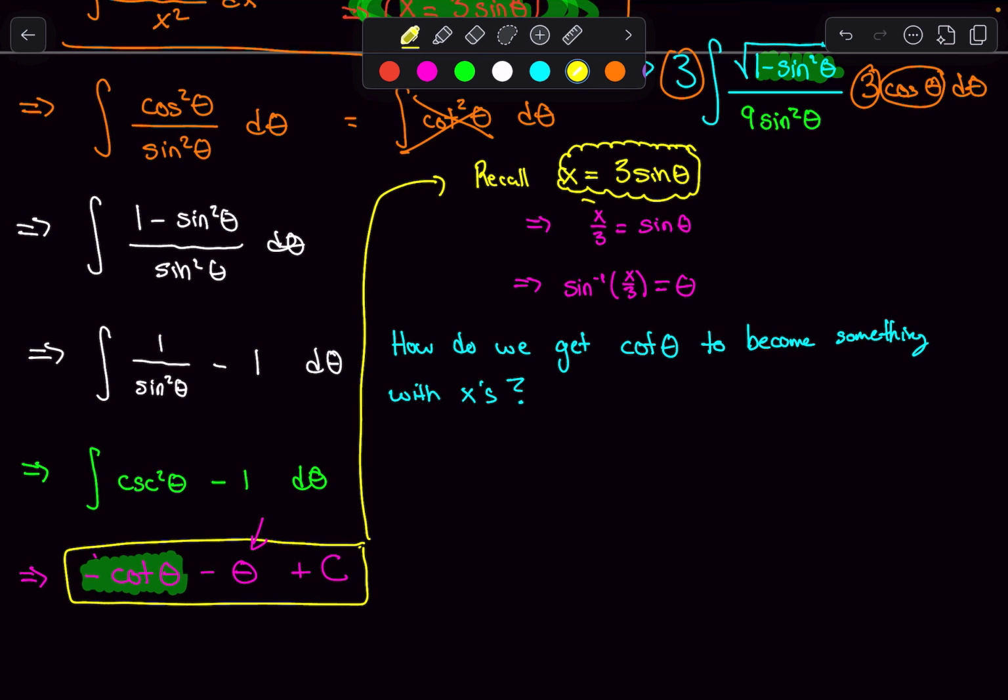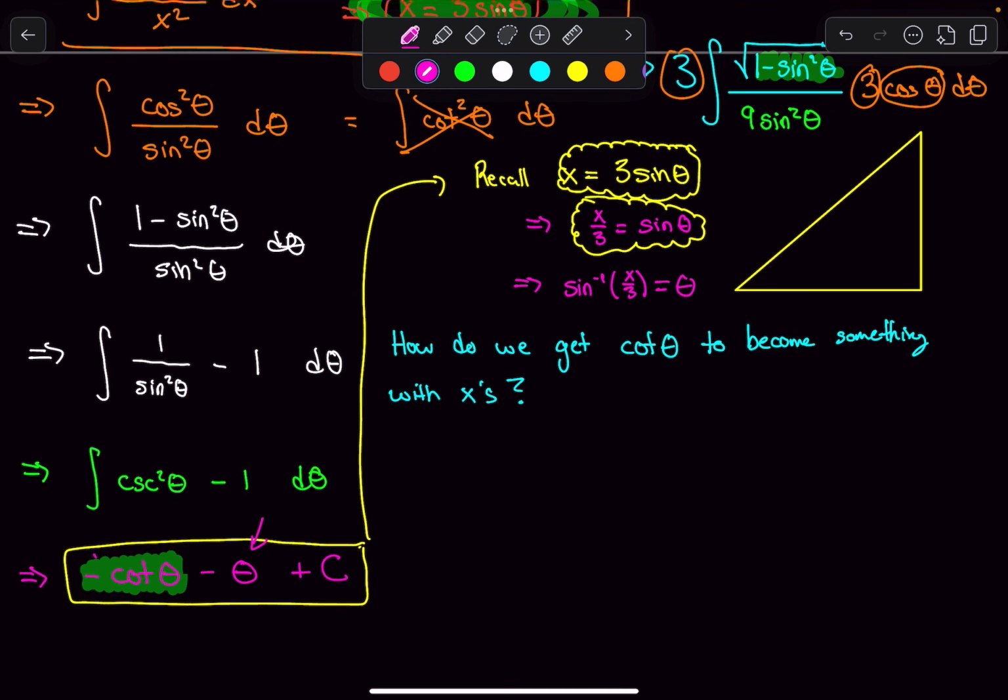In fact, we know that sine of theta is equal to x over 3. And if I were to do this really cool thing, if I were to draw a triangle, then it would be totally appropriate to say, well, if this triangle had angle theta, then sine of theta would be equal to x over 3, right?